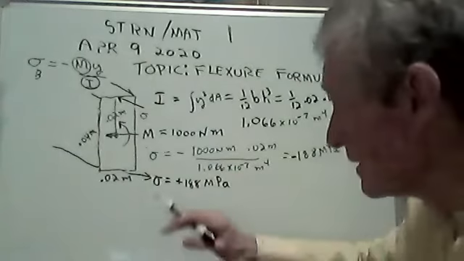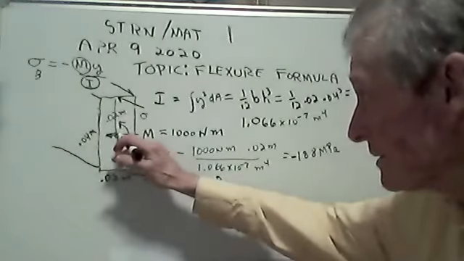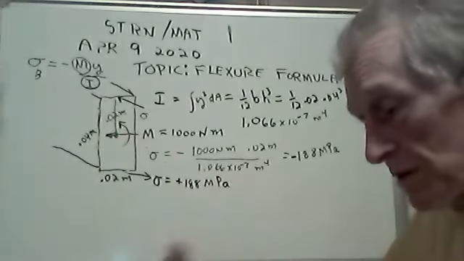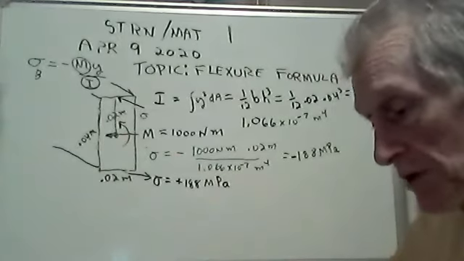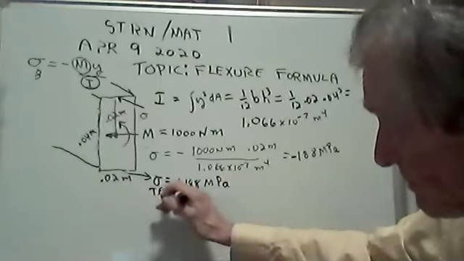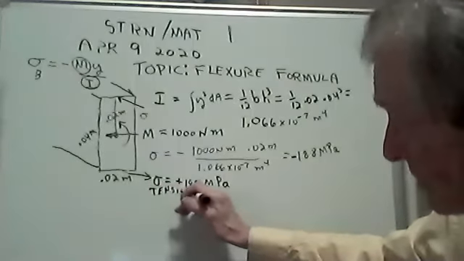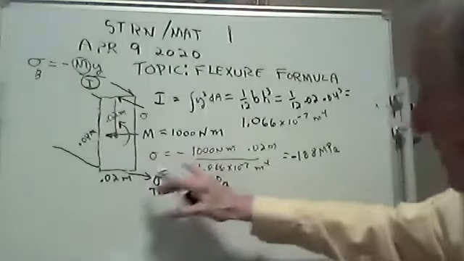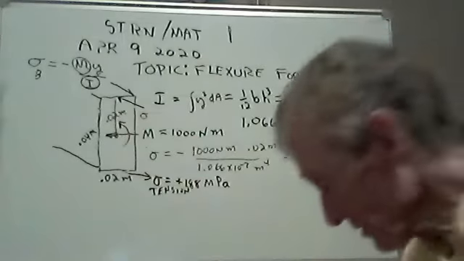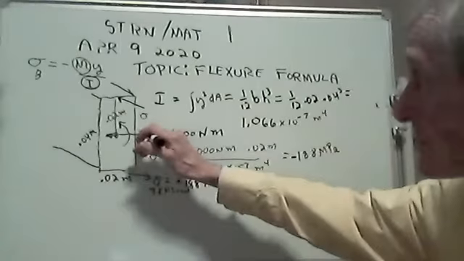Now in between, right here at the centroid, you don't have any stress at all, because between compression and tension, remember this is tension and it's positive, and this is compression and it's negative. But right here in the middle, the stress is zero.